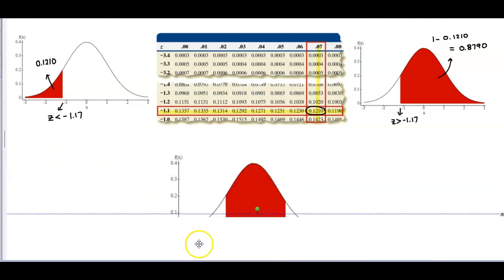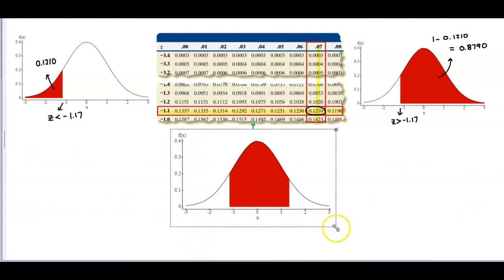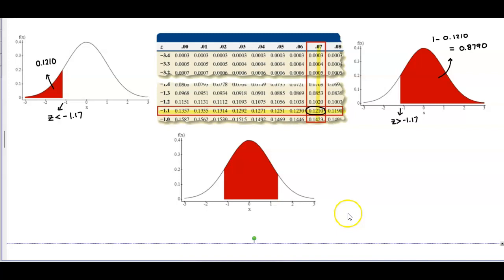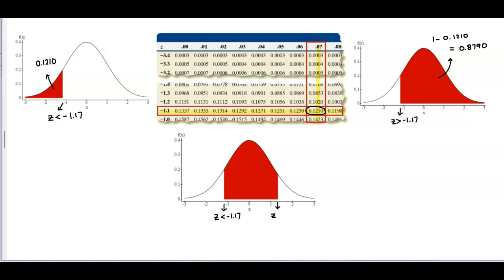Okay, now what happens if we have a z-score, or the area that's in between? So let's say that we have a z-score here where everything to the left is going to be less than negative 1.17, and then this z-score is going to represent where z is less than 1.33. So what we're going to do is find the area in the middle.